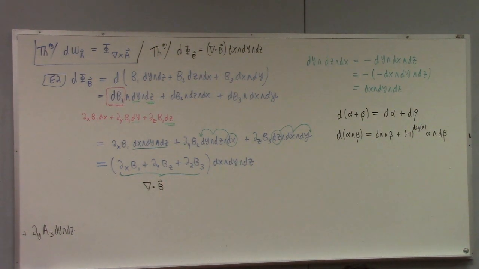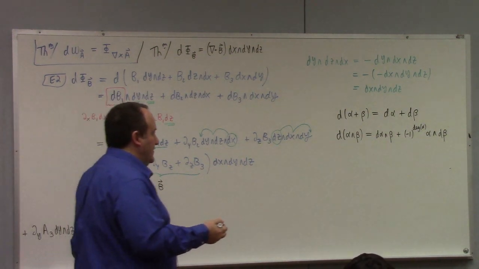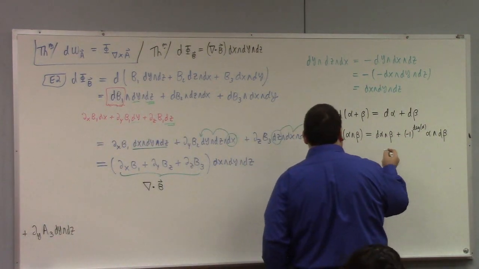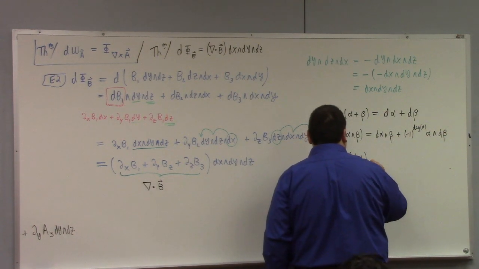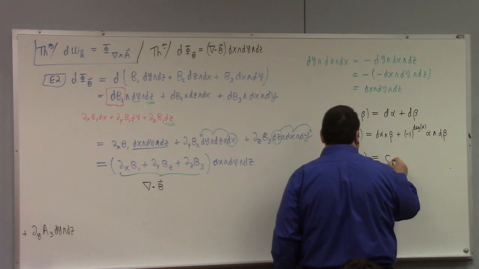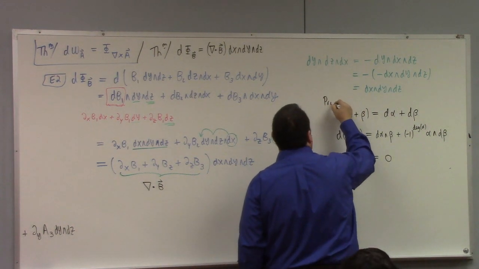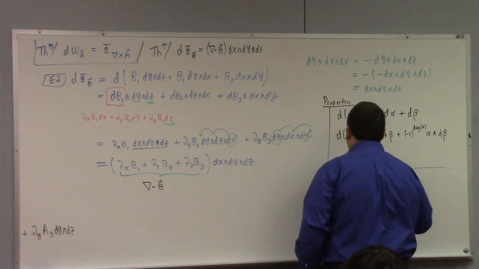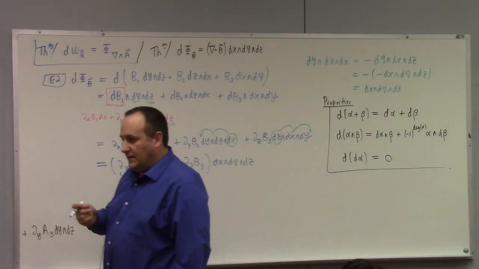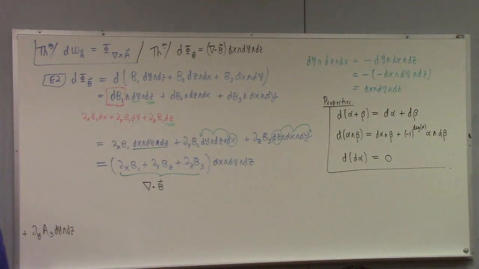And then last but not least, and this one's really powerful, if you do two exterior derivatives, the exterior derivative of the exterior derivative, it's 0. So these are the main properties of the exterior derivative. And again, I should emphasize, you already know how to take the exterior derivative of a 0-form. It's nothing more than the differential.